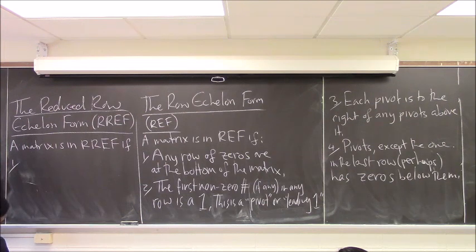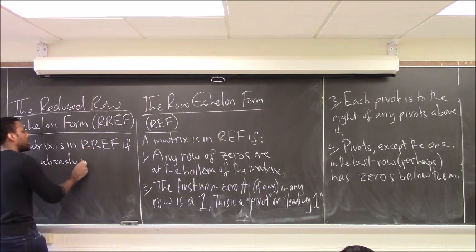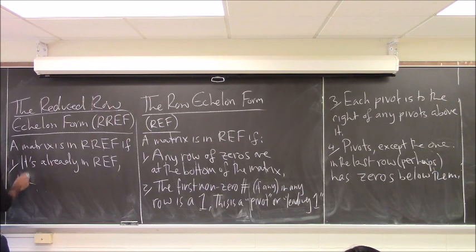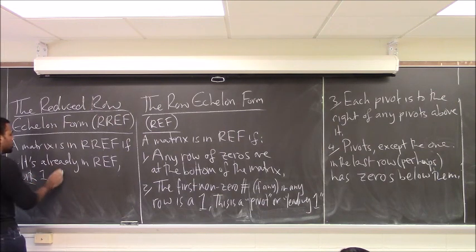It's already in row echelon form with one additional criteria.